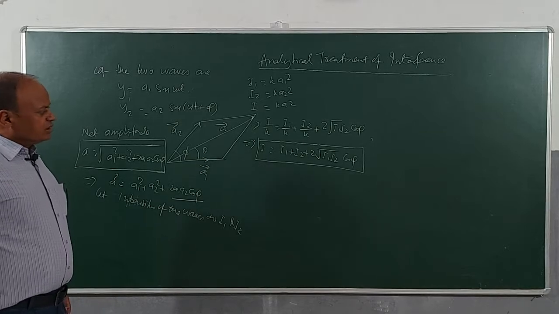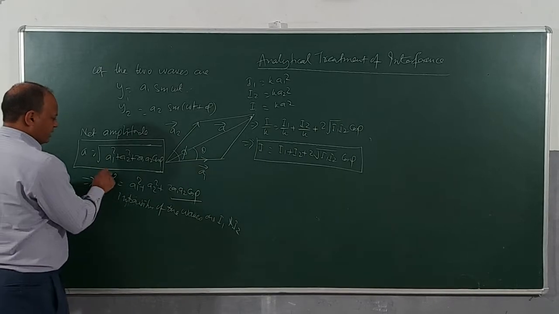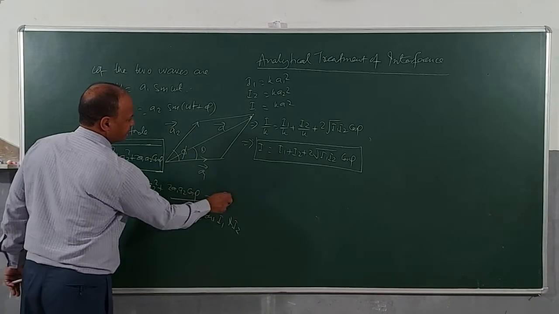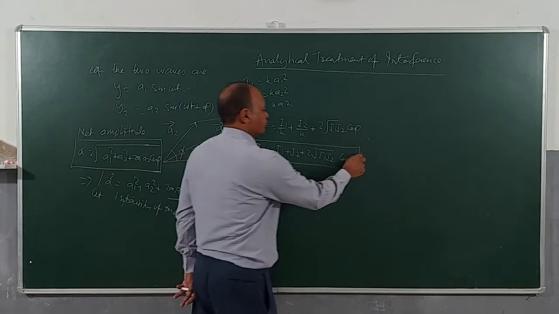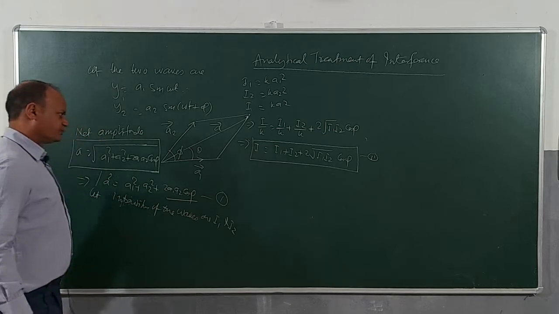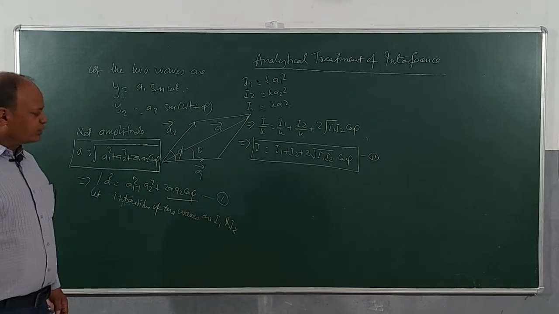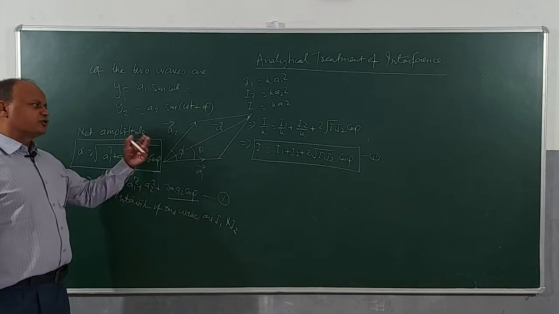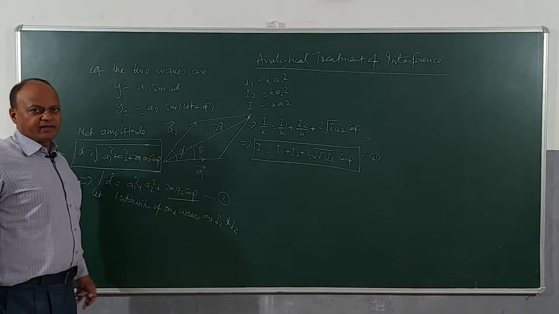Clear? So clearly, whether I go to equation 1 or equation 2, from both of these I conclude that the net intensity or the net amplitude depends upon the value of phi.